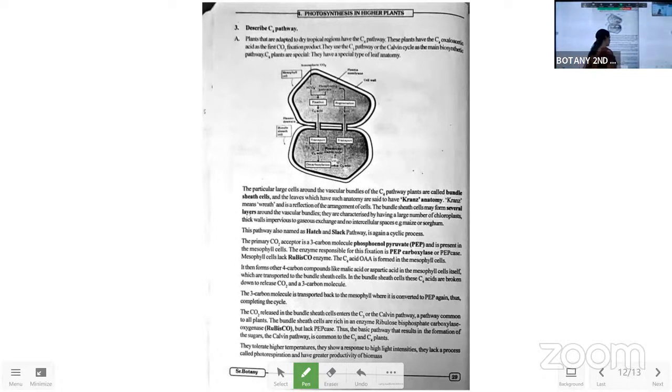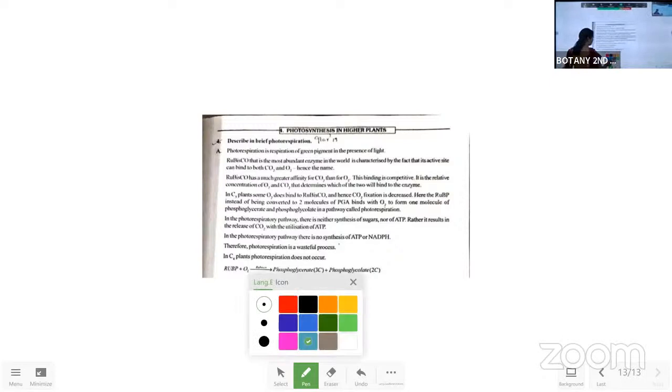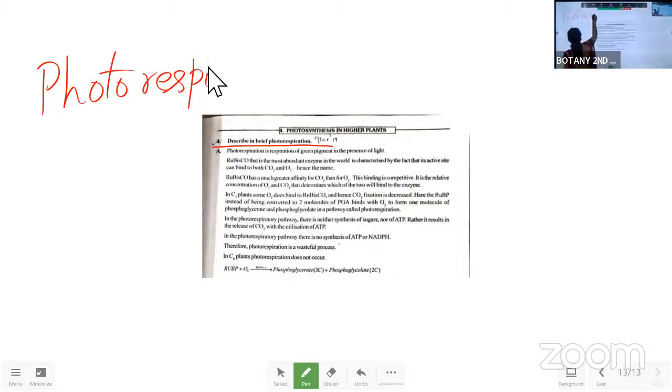Now comes the next one. That is the most important question. Describe in brief photorespiration. What is meant by photorespiration? First of all, how to write this, and in which chapter we will get it.